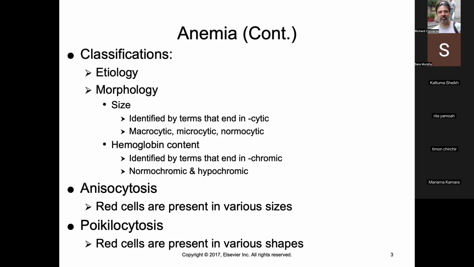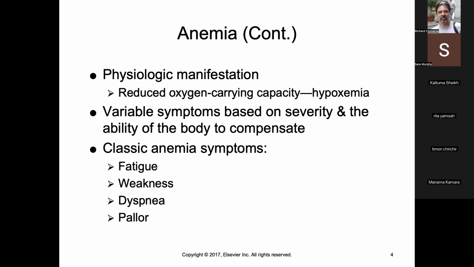Hemoglobin content are identified by terms that end in chromic, such as normochromic, normal hemoglobin content, and hypochromic, less than normal hemoglobin content. Anisocytosis are red cells present in various sizes. And poikilocytosis are red cells present in various shapes.